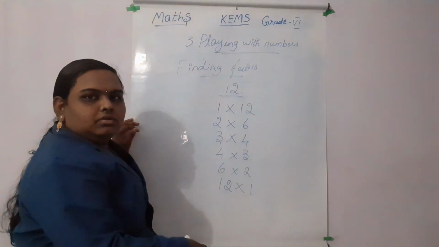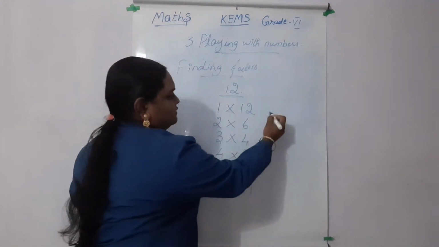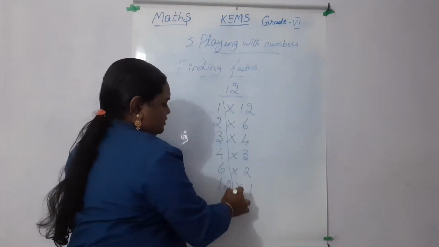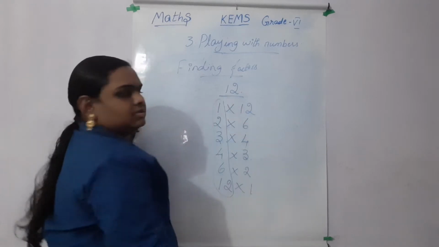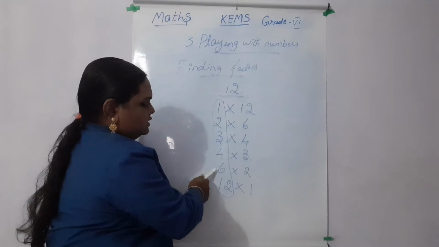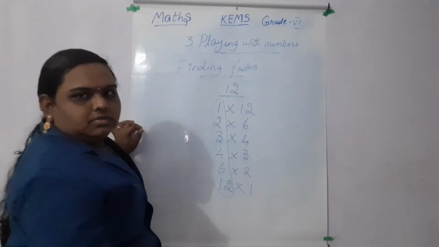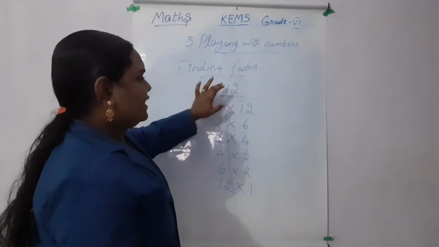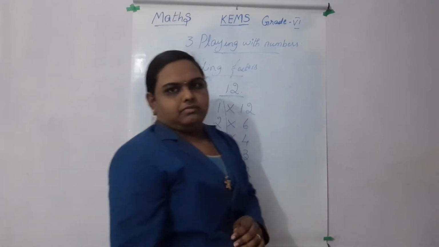Okay, so the factors of 12 are 1, 2, 3, 4, 6 and 12. So these are known as factors of the number 12.